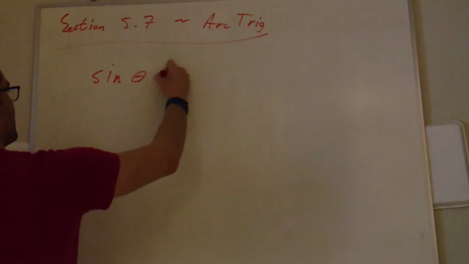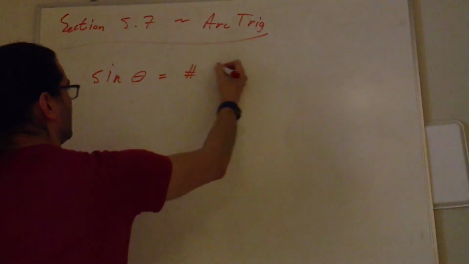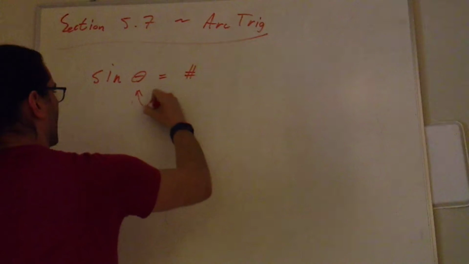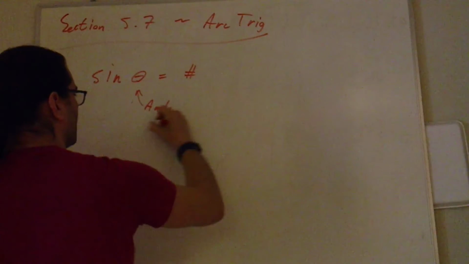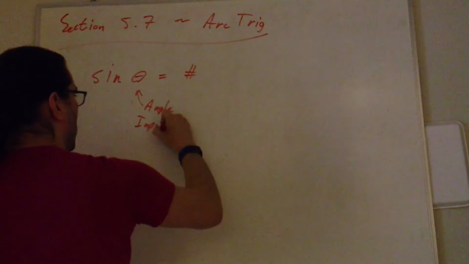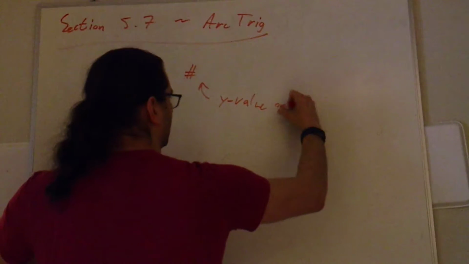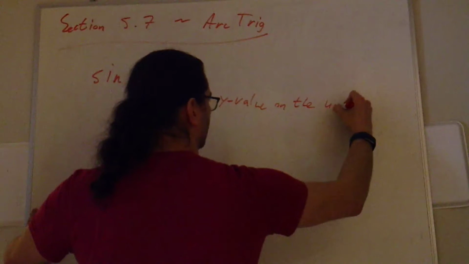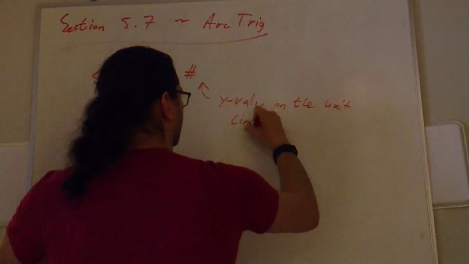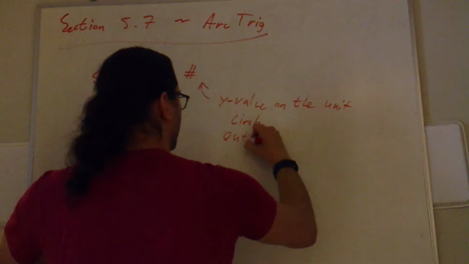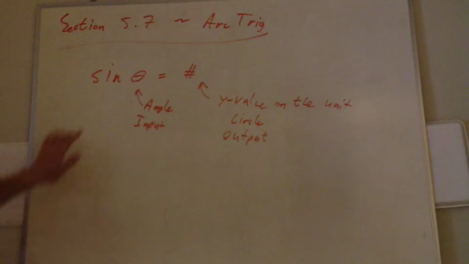So sine of theta equals some number. This is an angle as our input, and this is a y value on the unit circle as our output. That's how the sine function behaves.